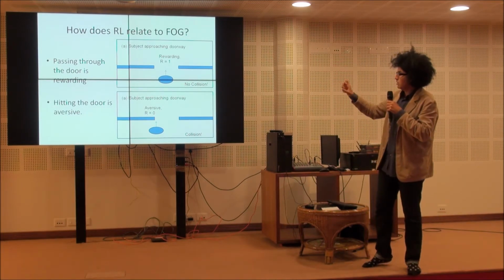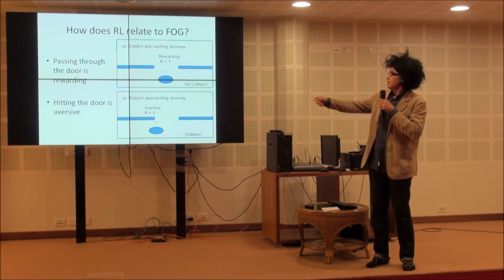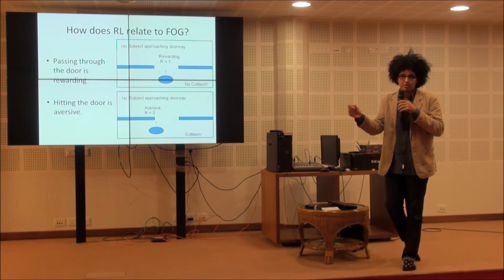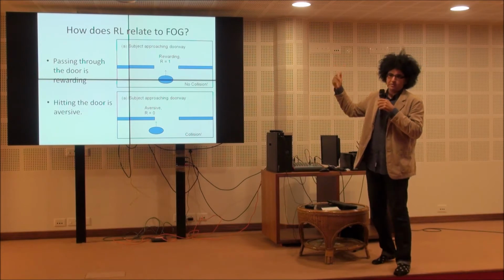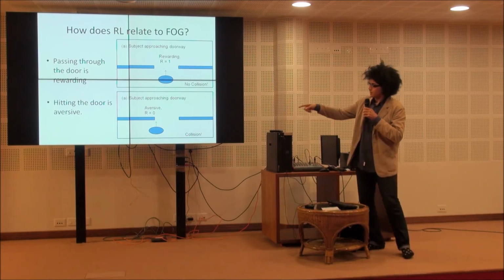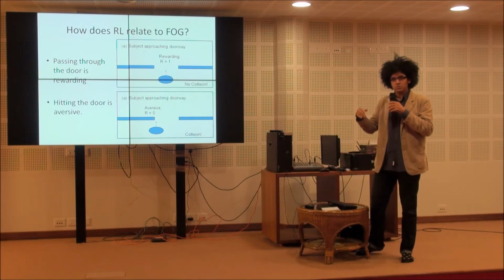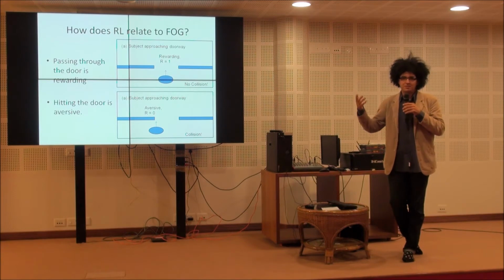We have a narrow door and a wide one. We assume that if you pass through the door, this is rewarding. The agent learns, in the beginning just going randomly in the space. You pass, you get one, and then you learn to go fast. However, in the other case, when you have a narrow door, you're more likely to hit the walls, and you get a negative signal, which then slows you down. That's basically the idea.